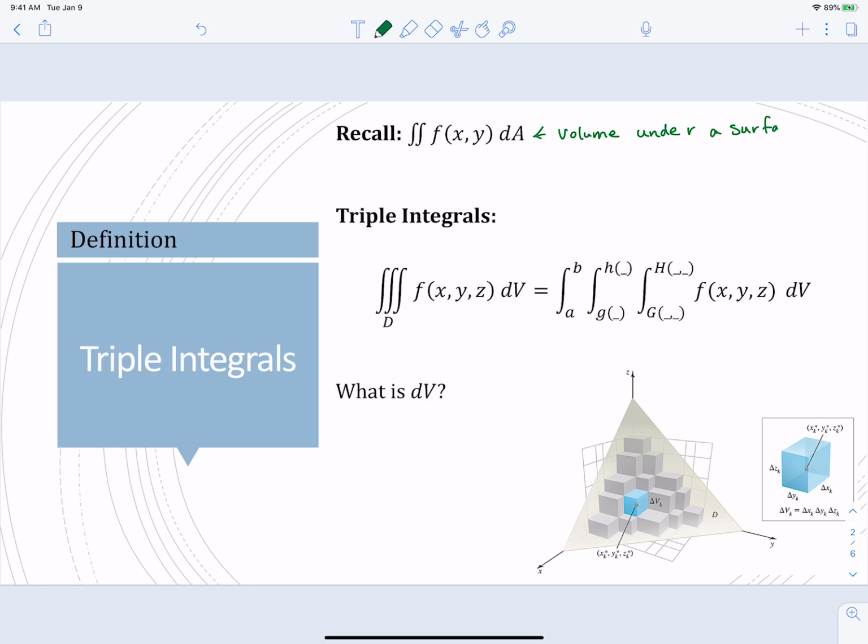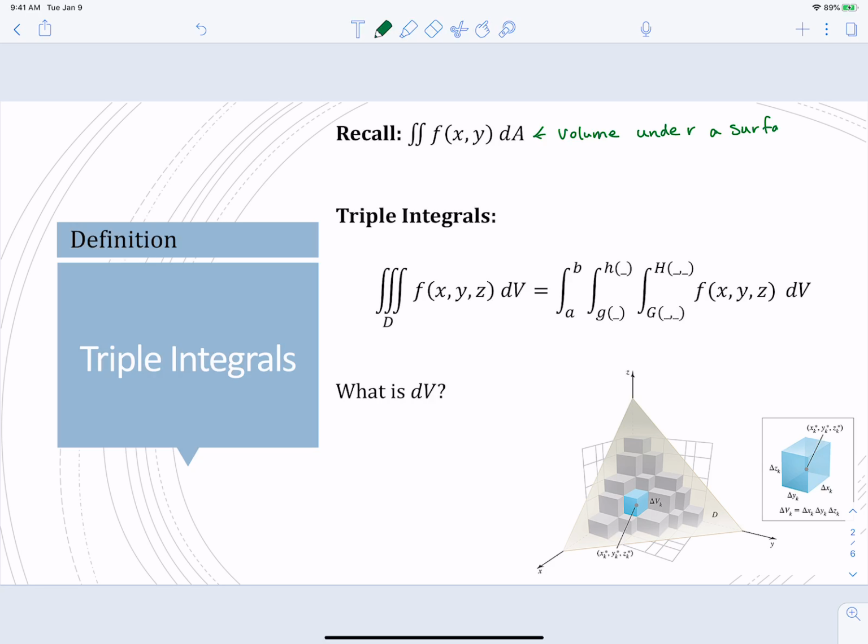The middle integral is going to be at most in terms of one variable. And it's likely to be whatever our last variable that we're integrating over is.